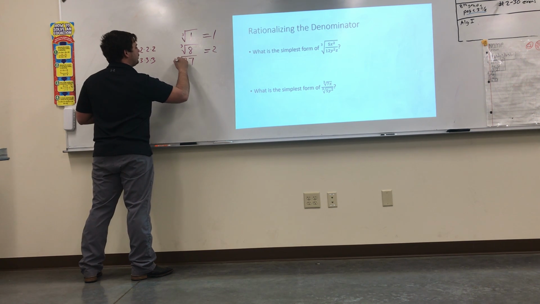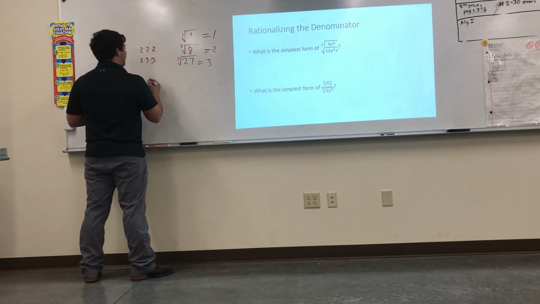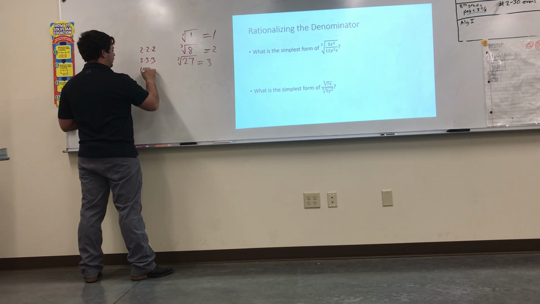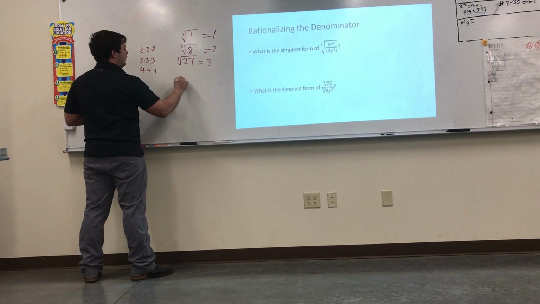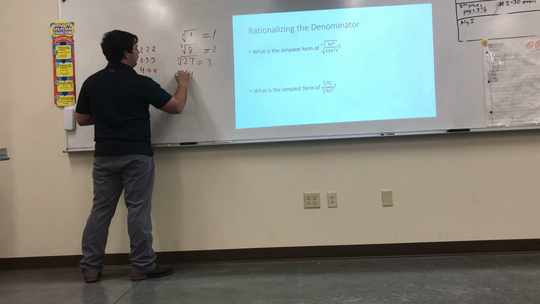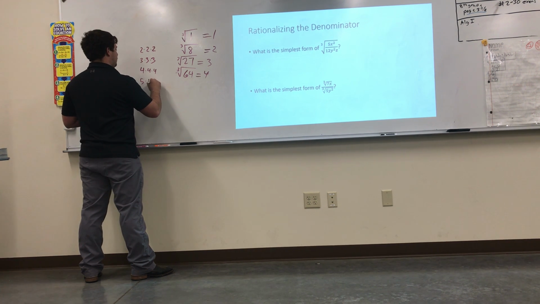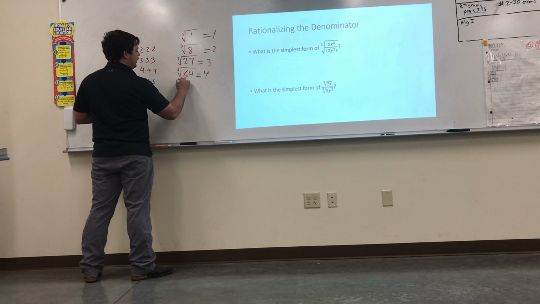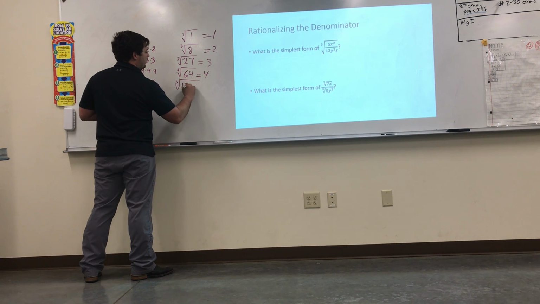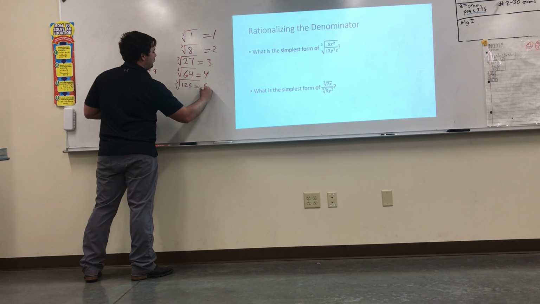That is the cube root is going to be 3. 4 is going to be 64. 5, the cube root is going to be 125 equals 5.